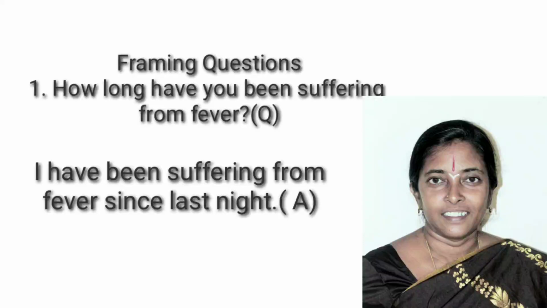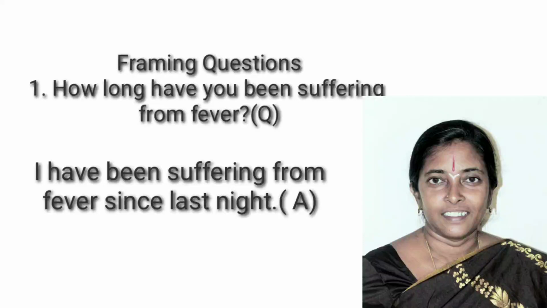One more thing you have to observe here is that the subject comes between two auxiliary verbs. What are the two auxiliary verbs there? Have and been. These two are auxiliary verbs. In the answer it is given, I have been suffering from fever since last night. Here why did we use the word since?